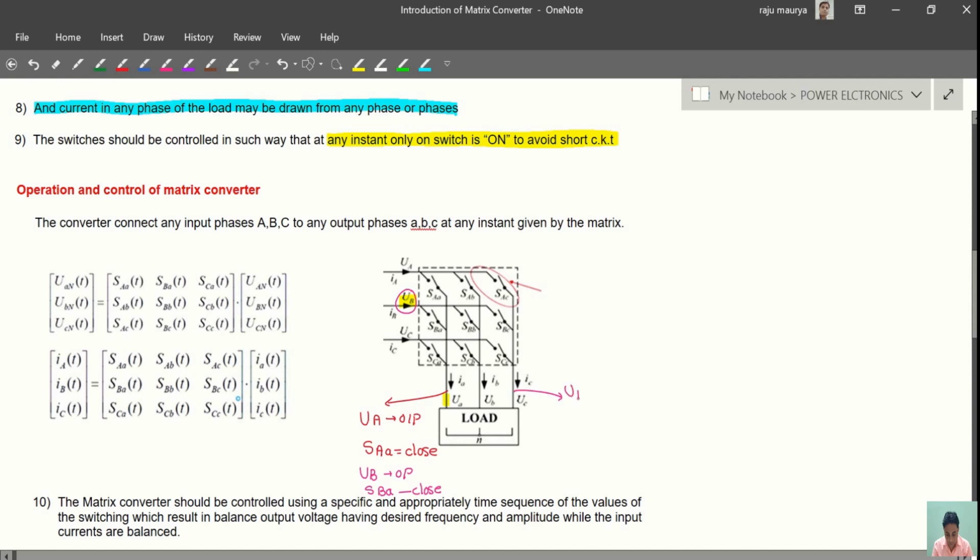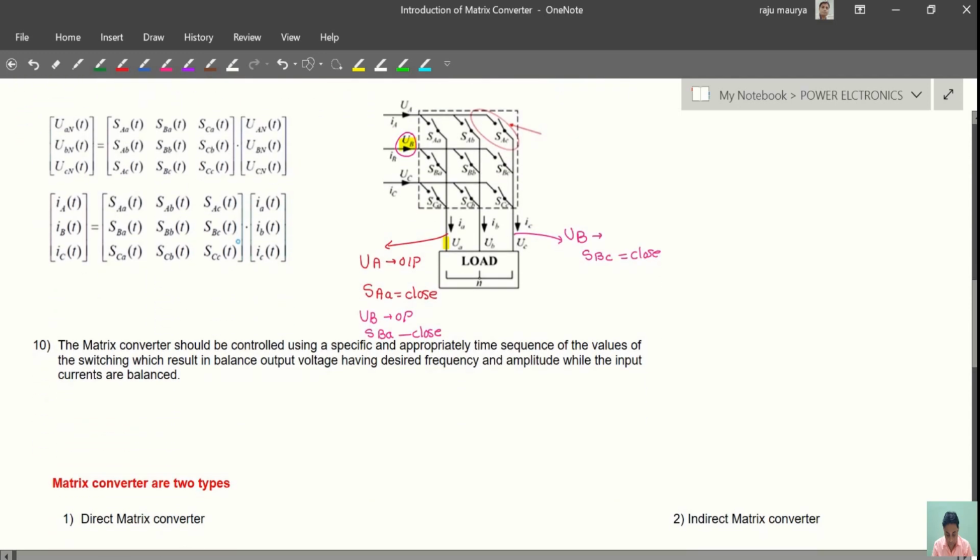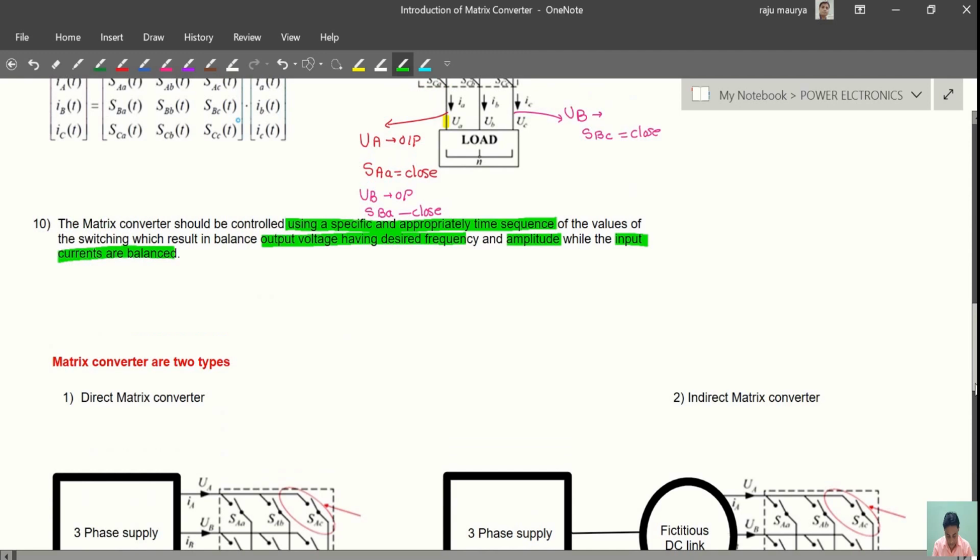Similarly, if we want phase B at the C terminal, then we close SBC. So the matrix converter should be controlled using a specific and appropriately timed sequence of the switching, which results in output voltage having the desired frequency and amplitude, and the input current gets balanced.